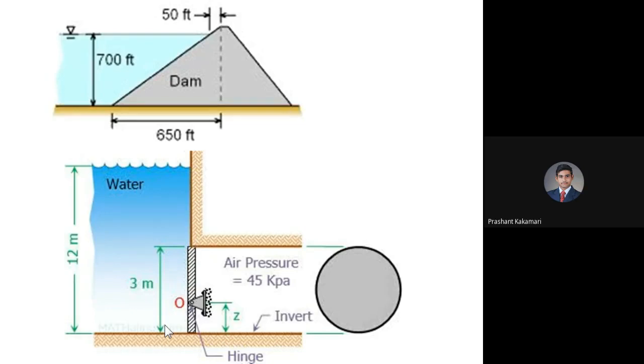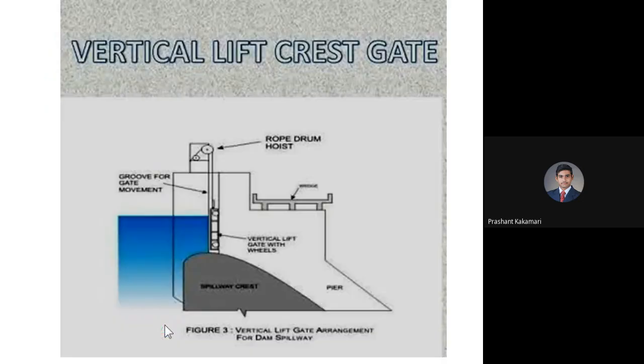So above, if you see, it is an inclined surface. Below, if you see, it is a vertical surface. And here one more example I have taken, how the gate of a dam is opened. By different mechanisms or different shapes, they design the gate of the dams. Whenever the water is overfilling or crossing the limits, they will lift this gate.